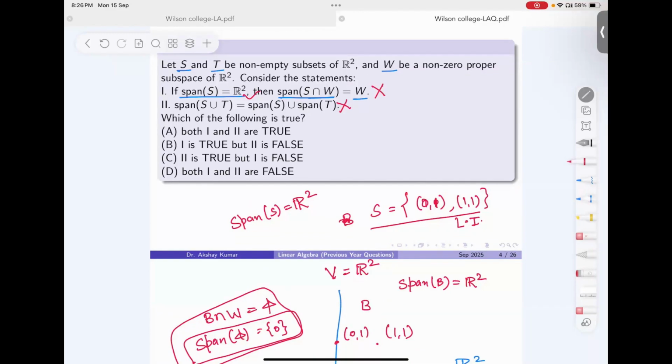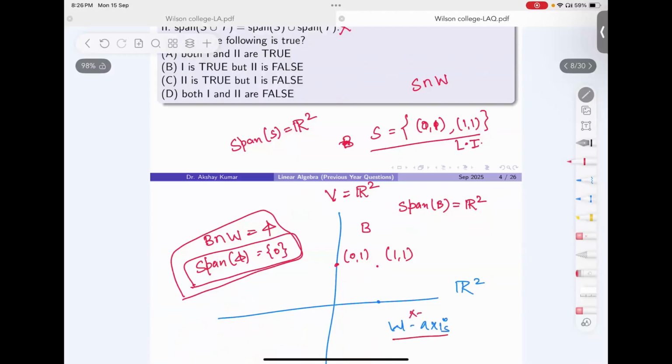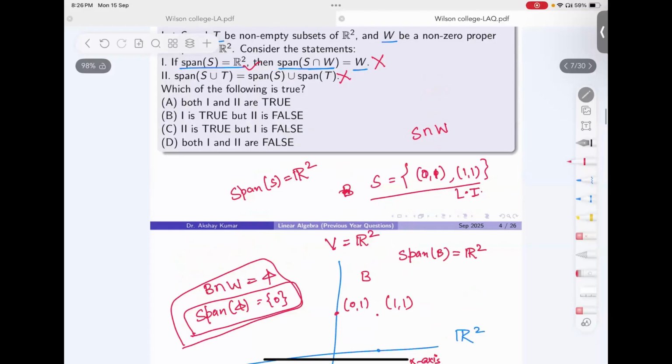Now what is S intersection W? Here W is the x-axis. So the empty set. We always assume that span of empty set is the singleton set 0.